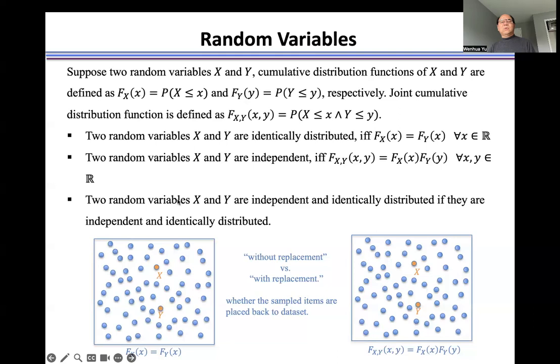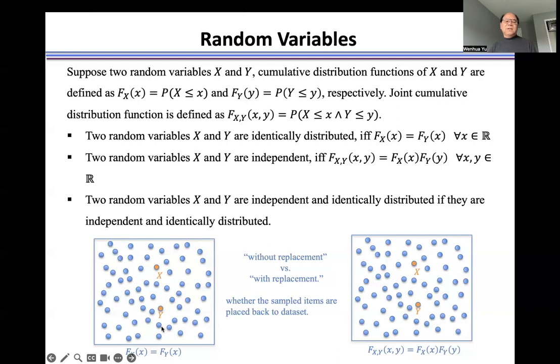We say two variables X and Y are i.i.d., which means they are identically distributed and independent.